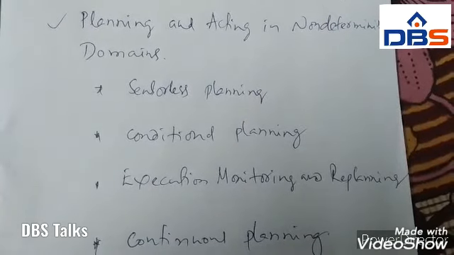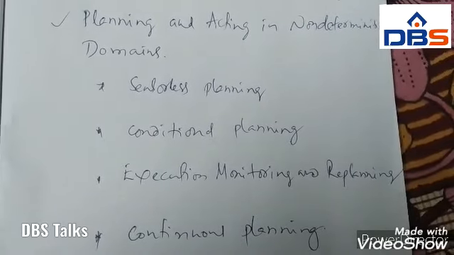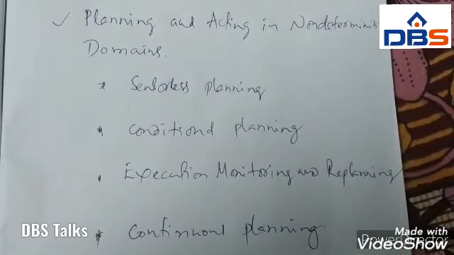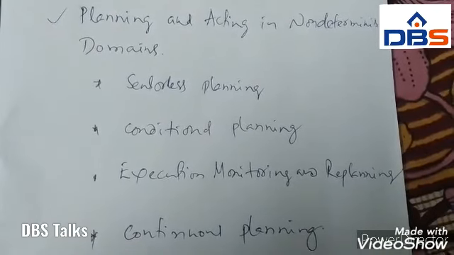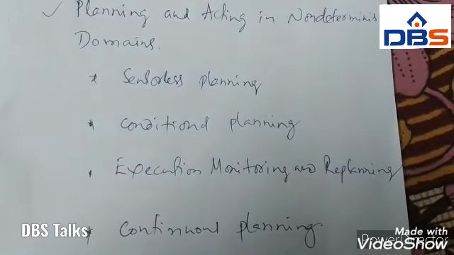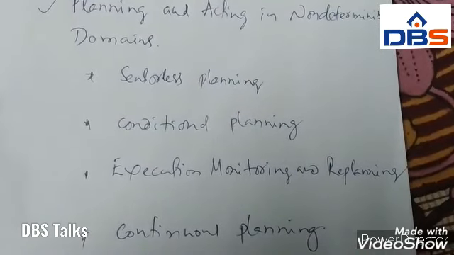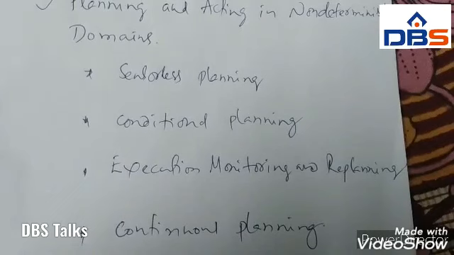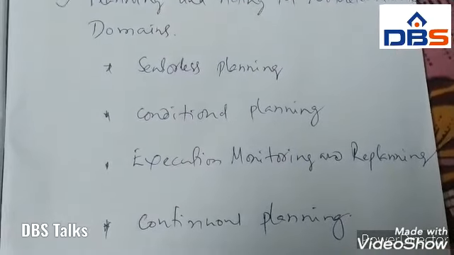Now coming to planning and acting in the non-deterministic domain. In that one, we are planning based on sensorless planning, conditional planning, execution monitoring and replanning, and finally continuous planning.